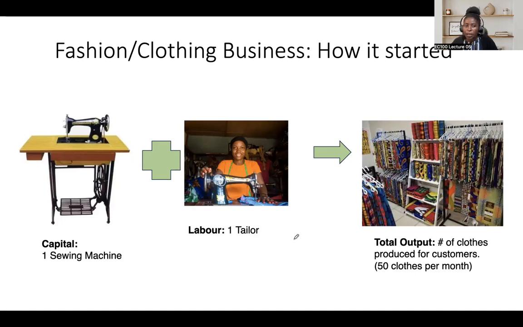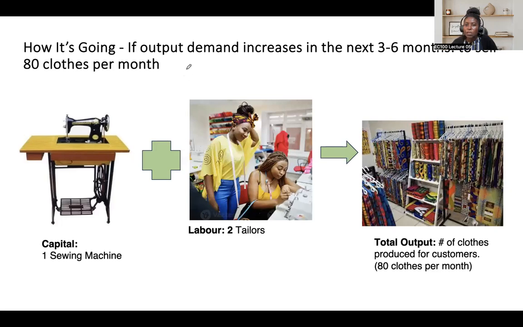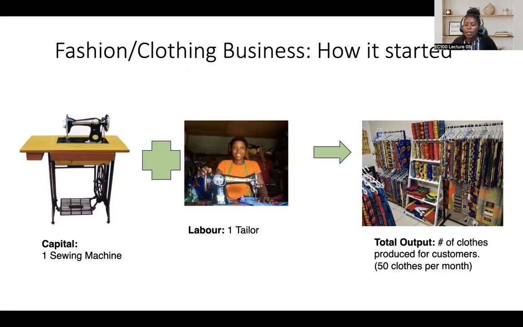Then now, how is the business going? Let's see that. People love her designs. Her name is spreading. When people see someone wearing her clothes, they ask, where do you get it from? I get this from so-and-so. Now a friend told a friend, and she's starting to get more orders.